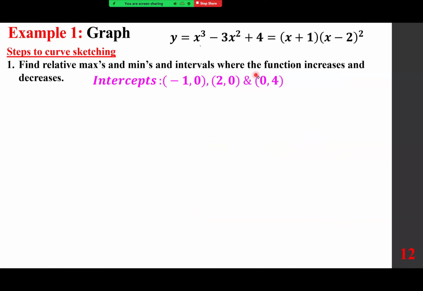We want to find the relative max and min. So we need to find the derivative, y prime or f prime of x, which is 3x squared minus 6x. We're going to set this equal to 0.